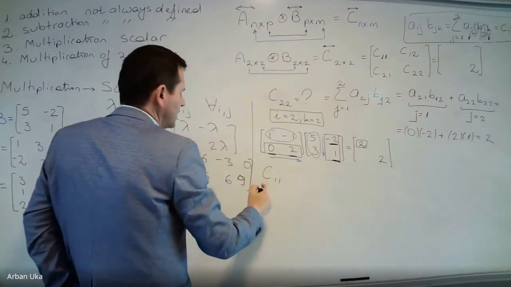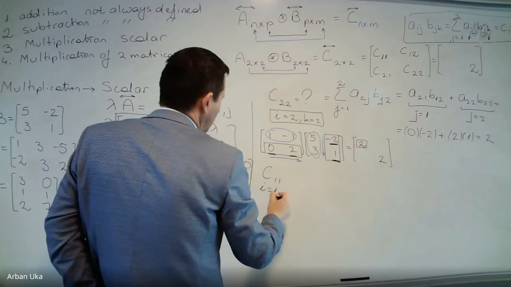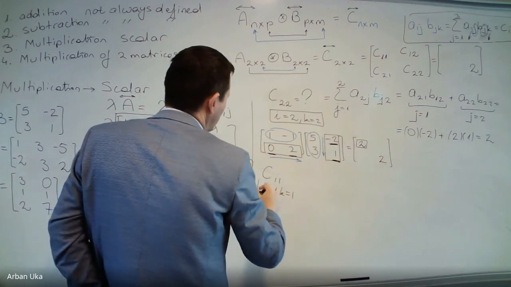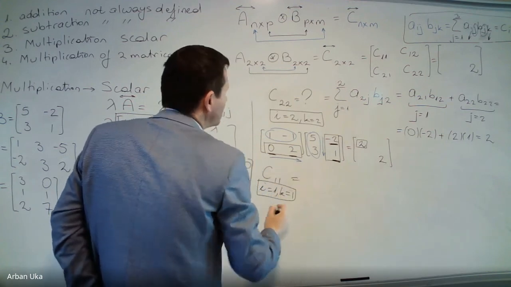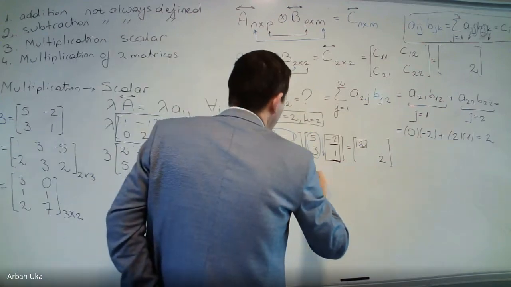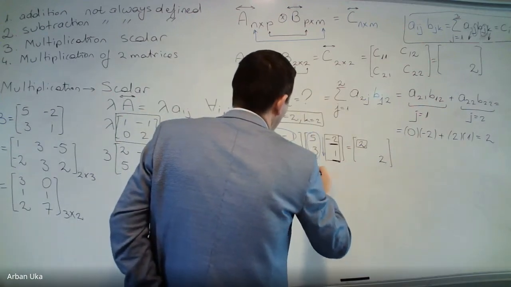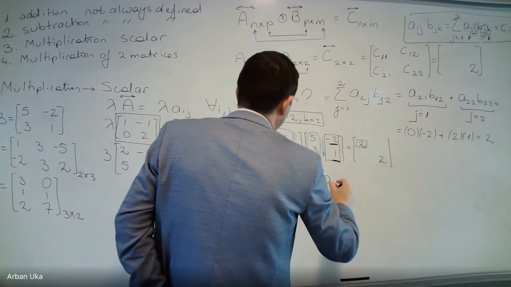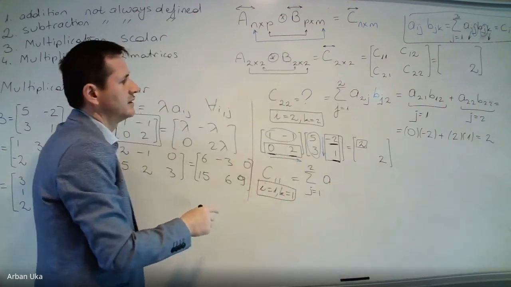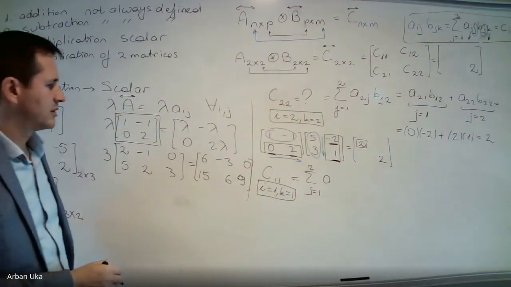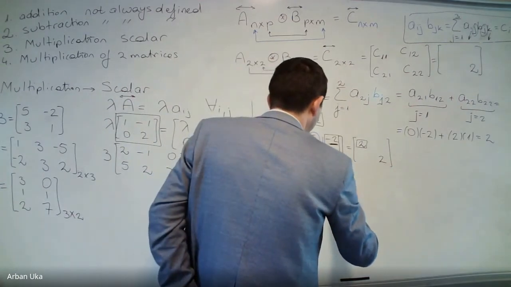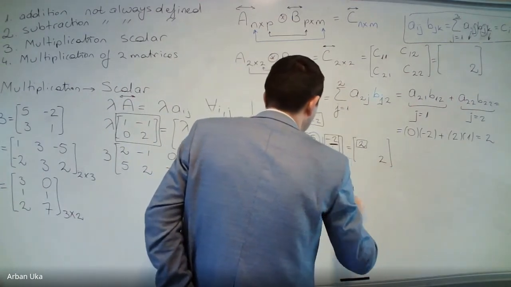C11, that means that I is equal to 1 and K is equal to 1, right? And this will be equal to the summation when J is equal to 1 to 2 of A, what is I? 1. So it's A1J and BJ1, right?